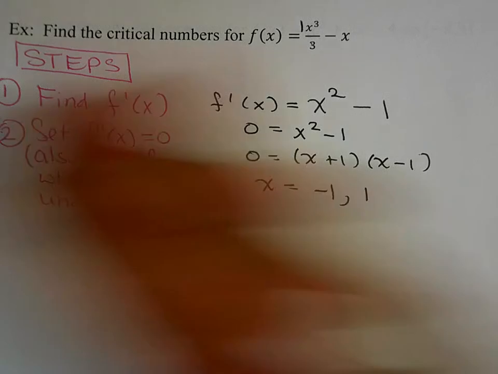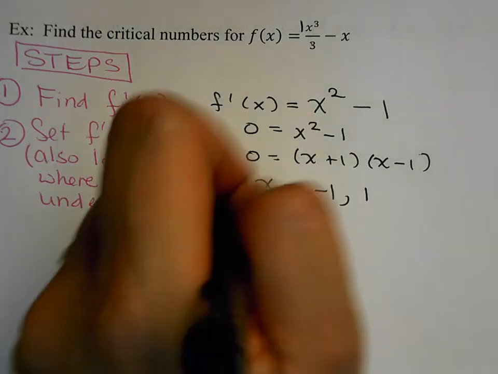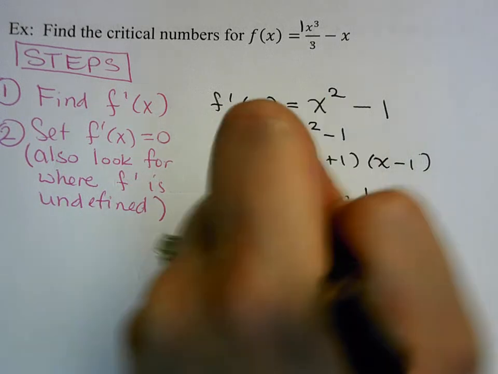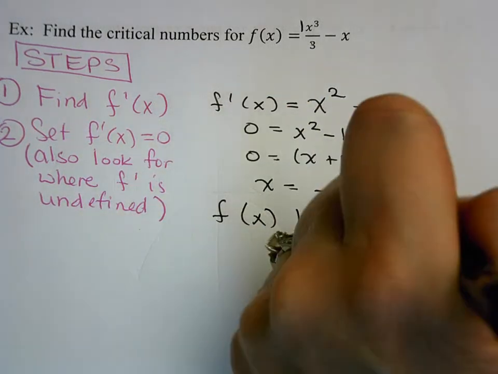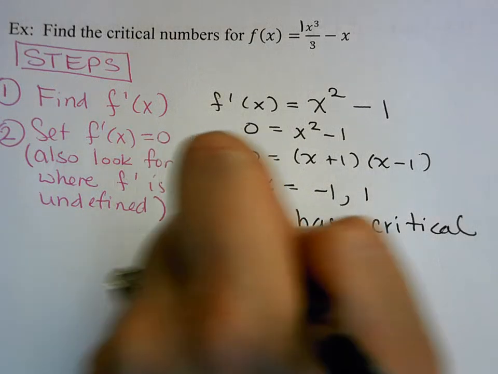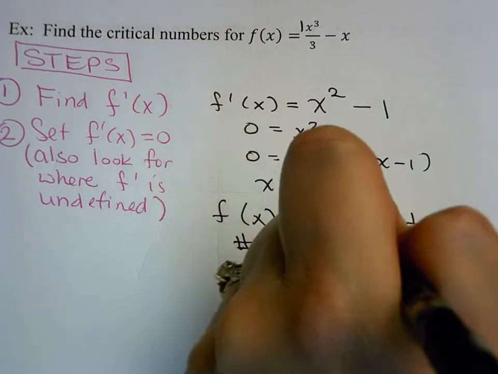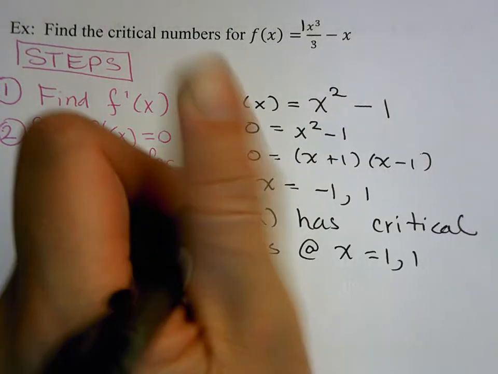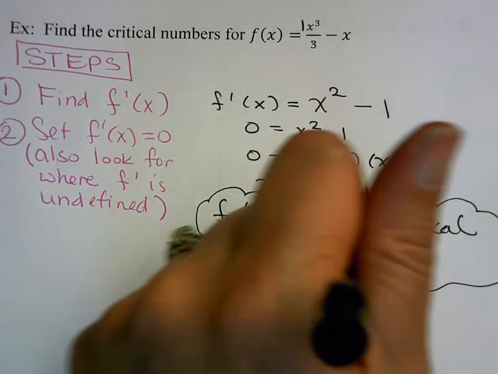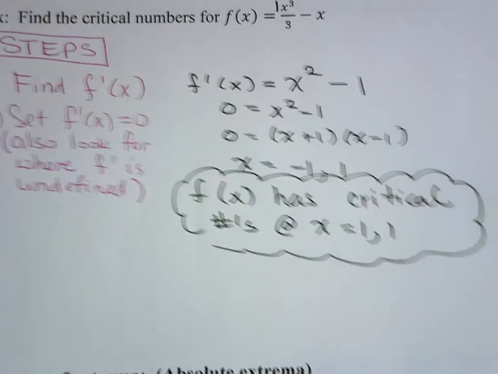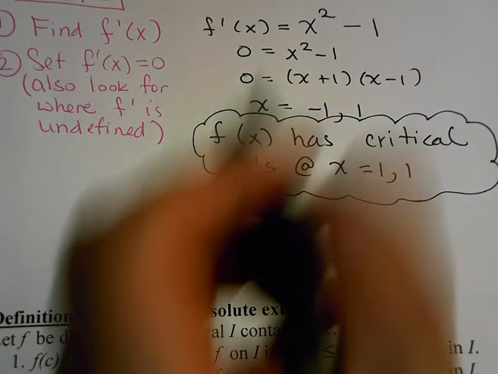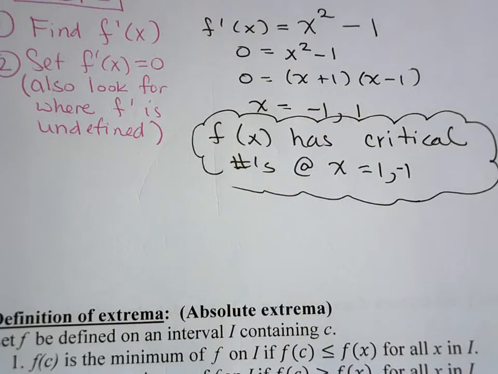And so then that is my critical number. So then f has critical numbers. I don't need to write this line down. This is just for the sake of notes. Okay, so f of x has critical numbers at x equals 1 and at x equals negative 1. So let me throw my negative in there.